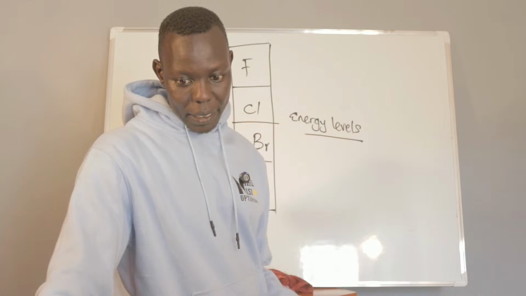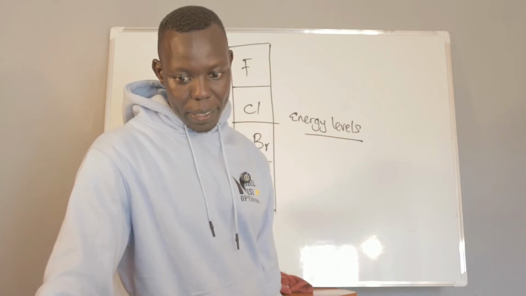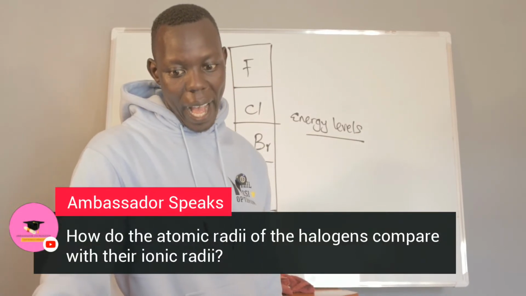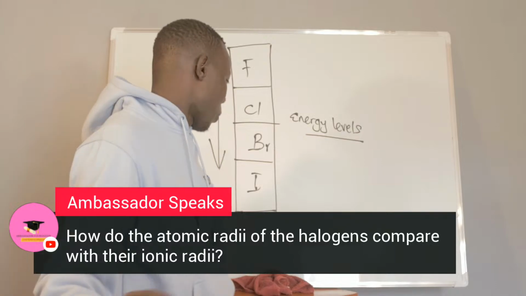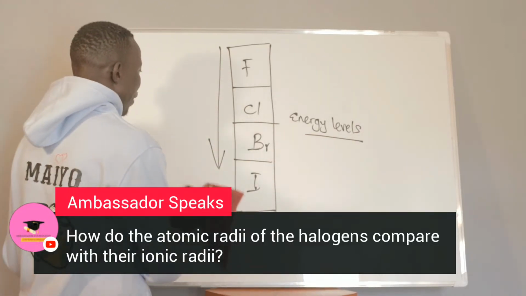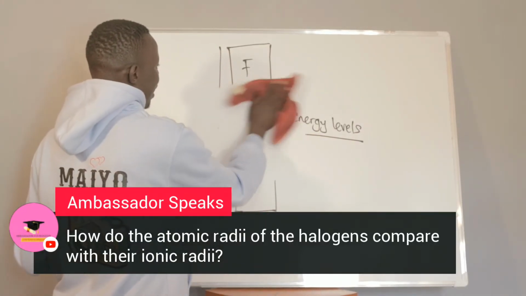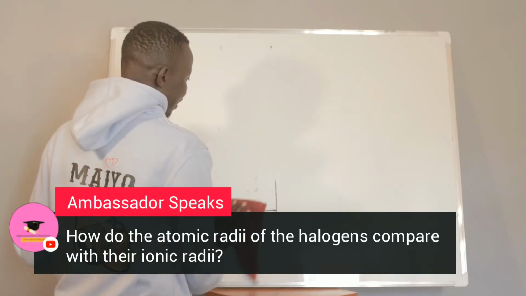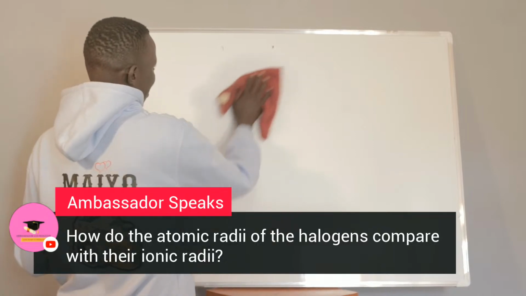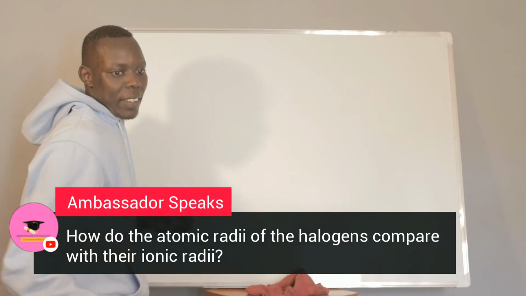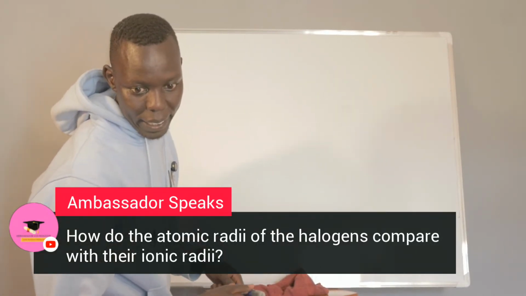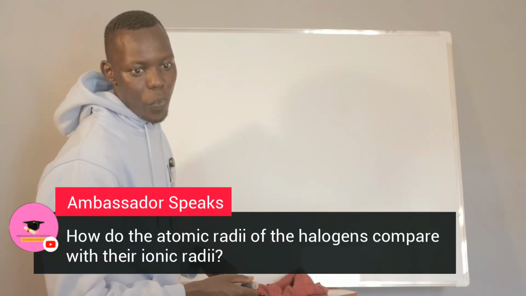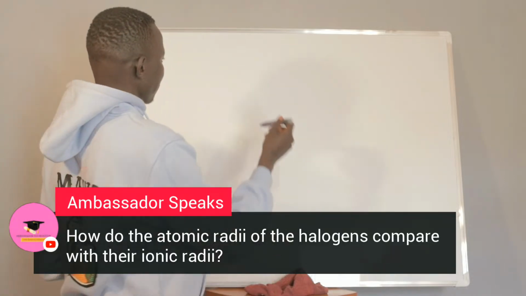The question reads, how do the atomic radius of the halogens compare with their ionic radius? I want you to grasp this one well. It's my third time explaining it. Let me explain it once again because this is the right place to explain that.